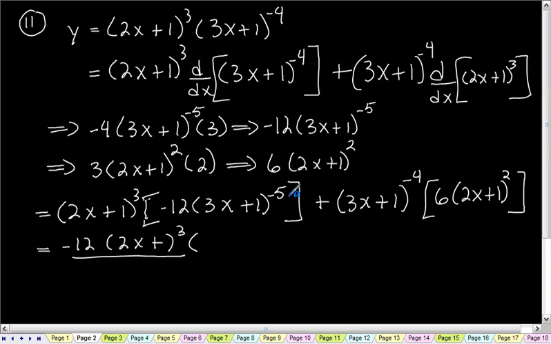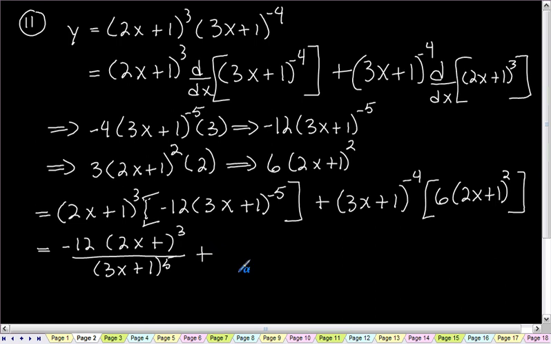If it's a negative power on the top, it becomes a positive power on the bottom. So this becomes (3x plus 1) raised to the 5th power on the bottom.